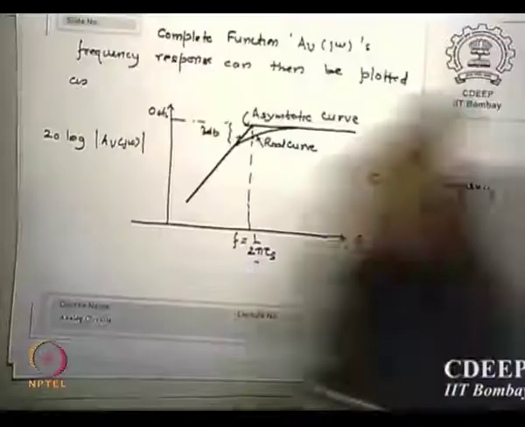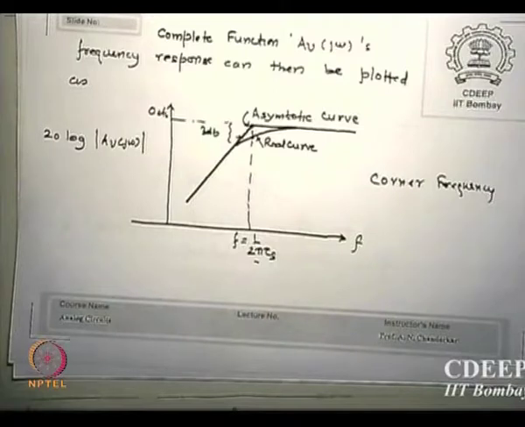The actual value I may calculate by the actual function, 3 dB down, but I am not interested in that value; I am interested in that frequency, which is called the corner frequency.